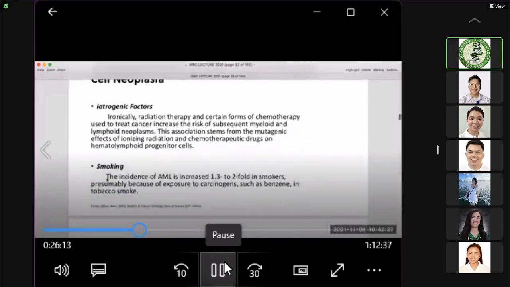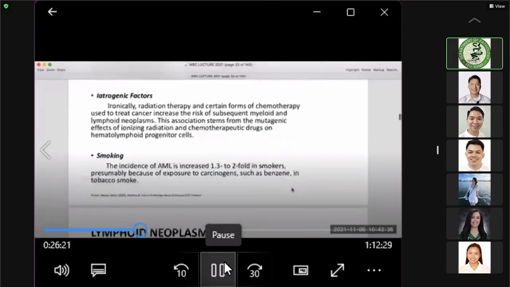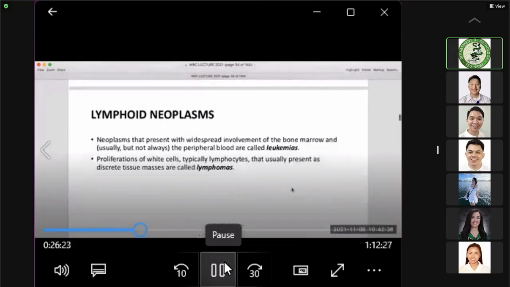Smoking, no? So we have learned that smoking produces a lot of carcinogens, such as benzene in tobacco smoke.